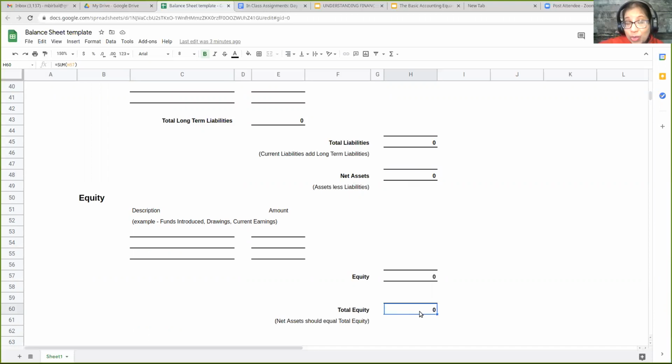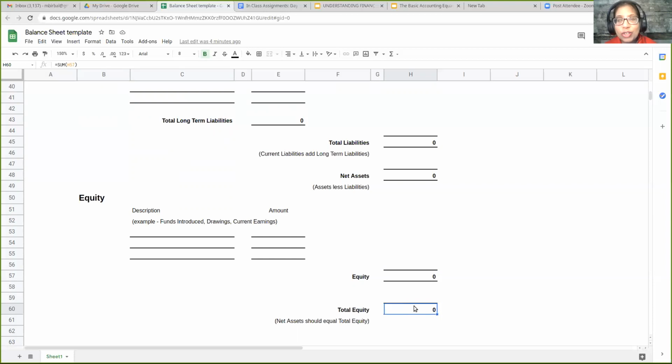That's why it's called a balance sheet. So your net assets must always be the same as your total equity. Otherwise, your balance sheet would not balance. You'll have to check over to see why the balance sheet didn't balance, and it must always balance.